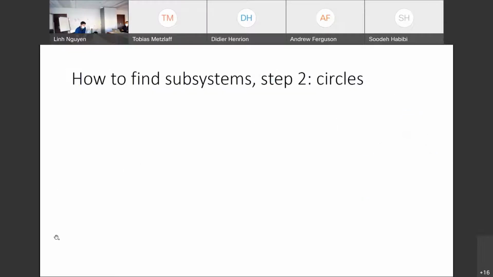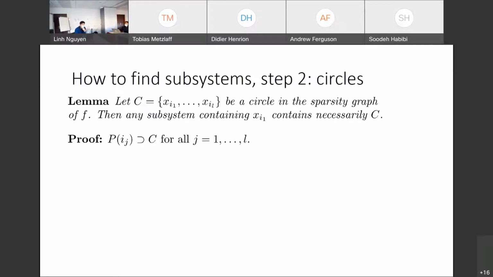And using this, we're almost done. The last step that remains is talking about circles. This is the last step we need in order to give an easy algorithm for finding subsystems, because circles are something bad for our case. This is stated in the following lemma.